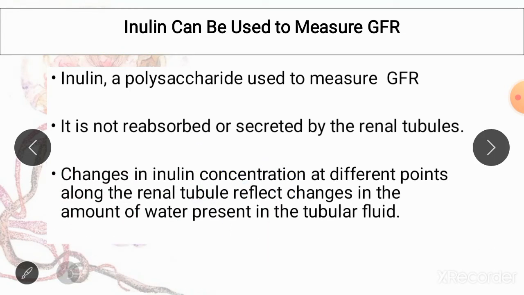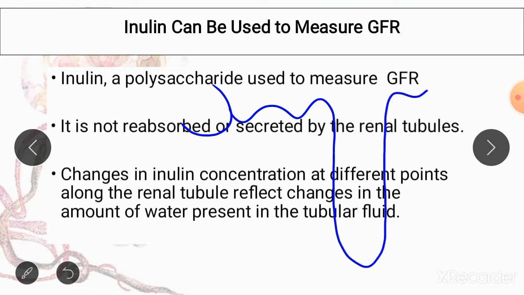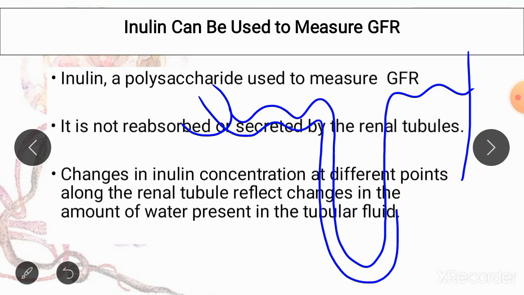So changes in inulin concentration at different parts along the renal tubule reflect changes in the amount of water present in the tubular fluid. Not only can you calculate the glomerular filtration rate, but also the amount of water present in a certain part of a nephron. The reason is that once inulin enters the nephron, its amount remains the same because it is not reabsorbed or secreted.